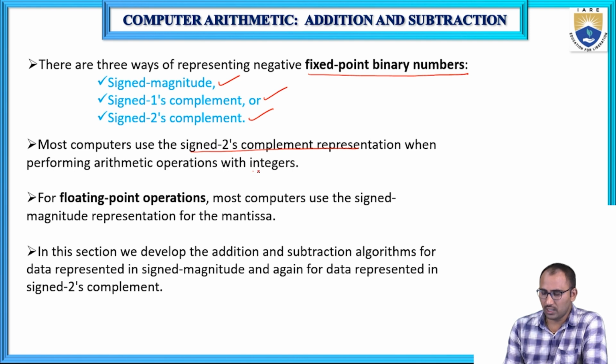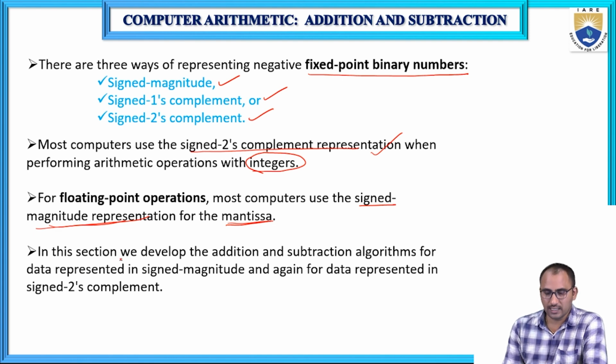For floating point operations, most computers use signed magnitude representation for the mantissa, because floating point numbers are represented using a mantissa and an exponent. To represent the mantissa we use signed magnitude representation, and for the exponents we use integers.